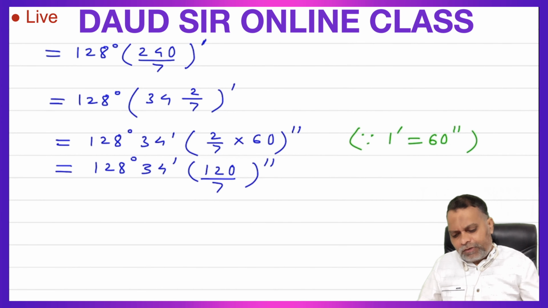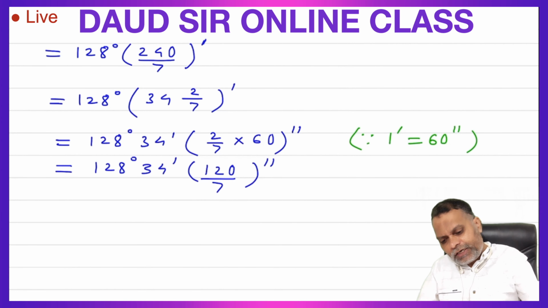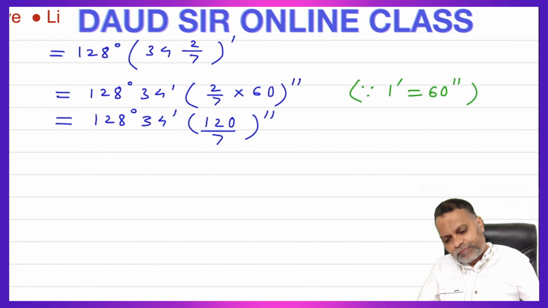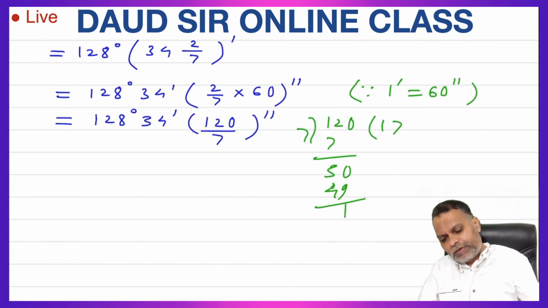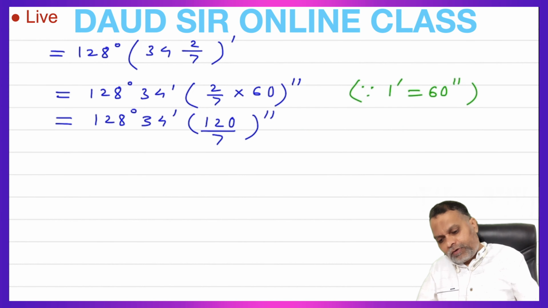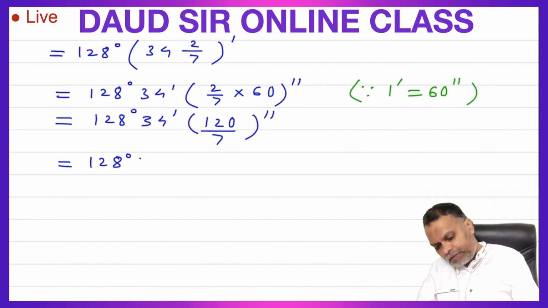So divide this 120 by 7. 7 1s are 7, 5. 7 7s are 49, 1. So which is equal to 128 degrees, 34 minutes, and divide this 120 by 7.